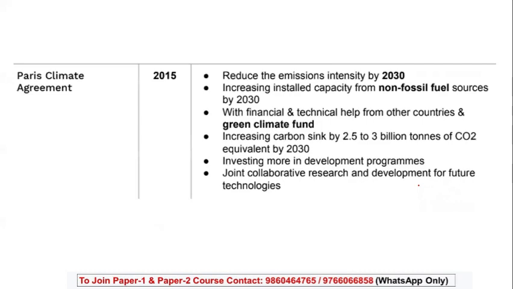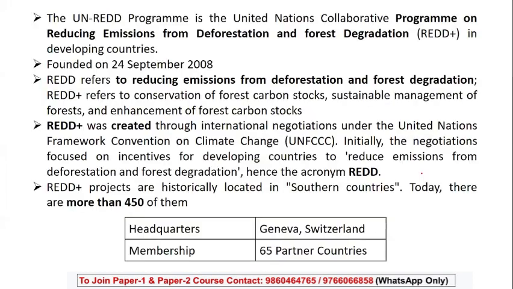Coming to the Paris Agreement, which was formed in 2015 with the intention to reduce emissions by 2030. Financial help from other countries, increasing the carbon sink, investing more in these programs, and joint collaborative research and development for the future.